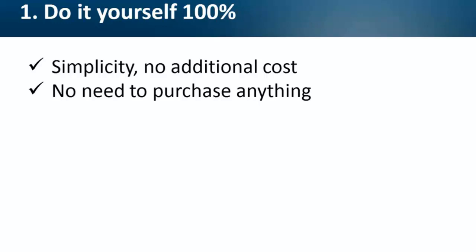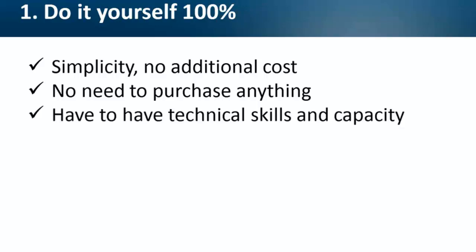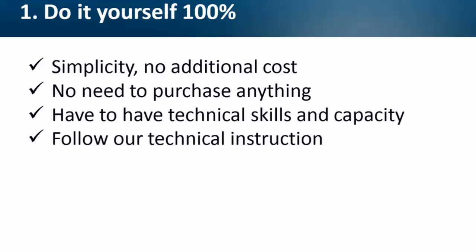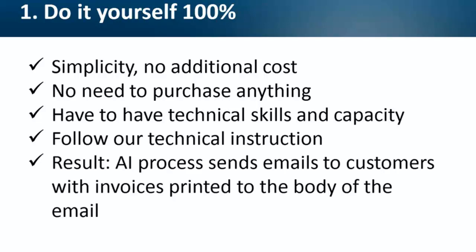You have to have technical skills such as 4GL Progress programming skills, and also capacity to work on this project. You follow the instructions, and as a result, your auto-invoicing process will be sending emails to your customers with invoices printed to the body of the email messages. And we'll show you in a moment.